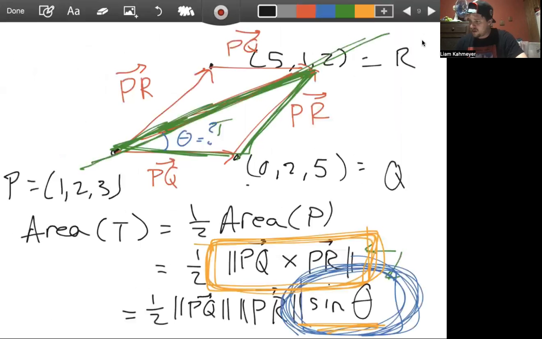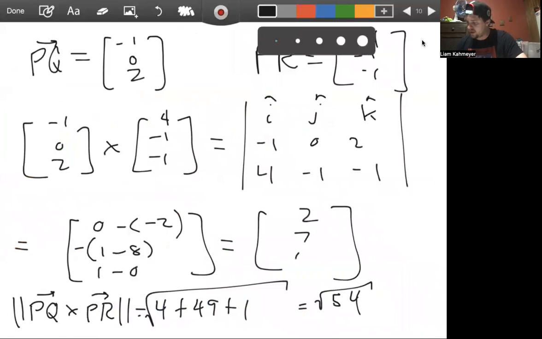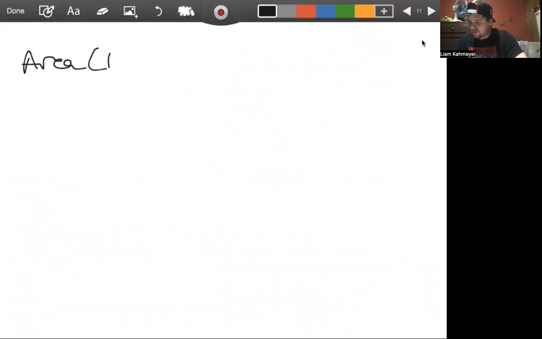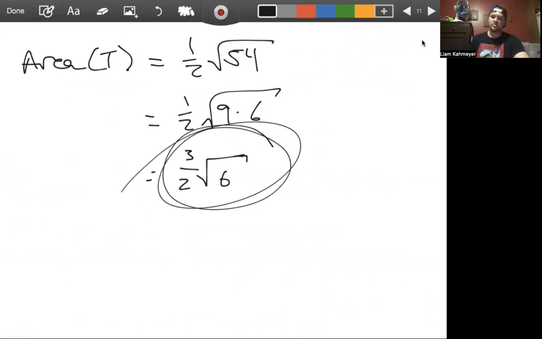And so if we know that the area of the triangle is 1/2 the area of the parallelogram, and we've just learned that the area of the parallelogram is root 54, well, then the area of the triangle is 1/2 root 54, which is 1/2 root 9 times 6, which is 3/2 root 6. Okay, and so we can use this to compute the area of a triangle.